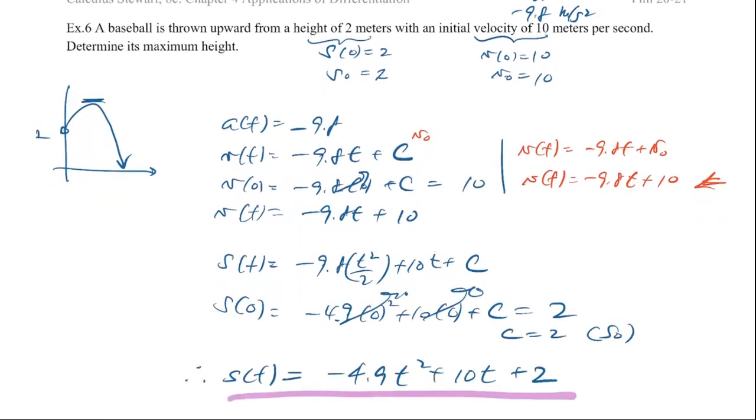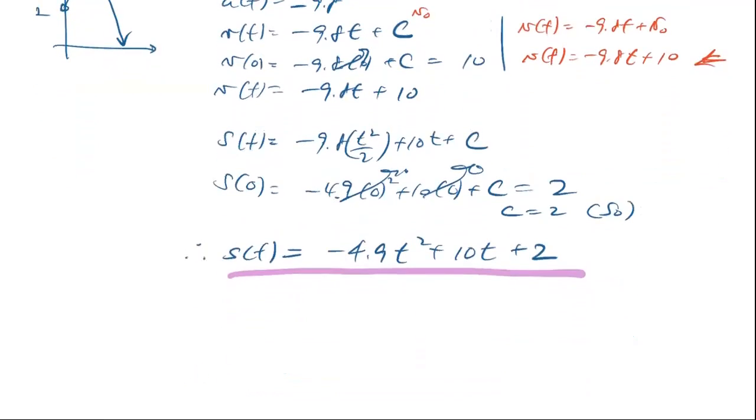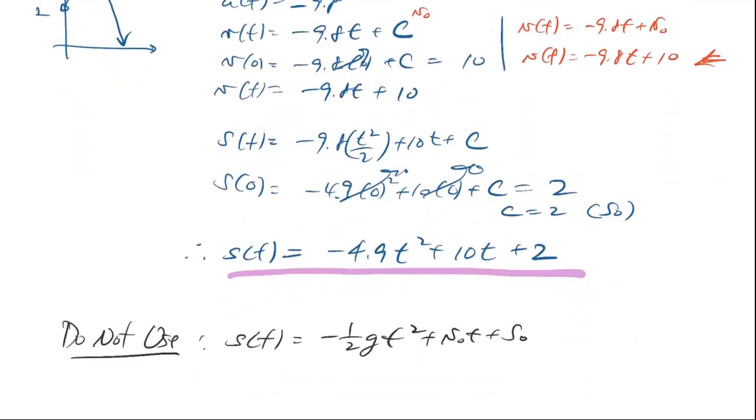Okay, guys? Now, what I will not accept, I'm being fairly adamant about this. Whenever you have problems like this, do not use the fact that you already know that it's 1/2 g t squared plus v t plus s naught, where g depends on whether you're using meters per second squared or feet per second squared. Knowing this is okay to check your work, but do not use it from scratch.